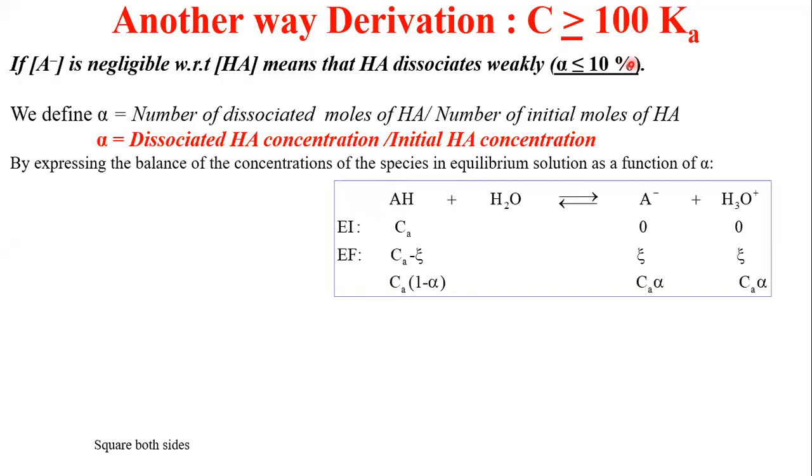There's another completely different way of getting this. Remember the idea of when A minus is less than HA, or A minus is not negligible. The way that is done is using this alpha. Remember, we can write any HA equation in terms of alpha.